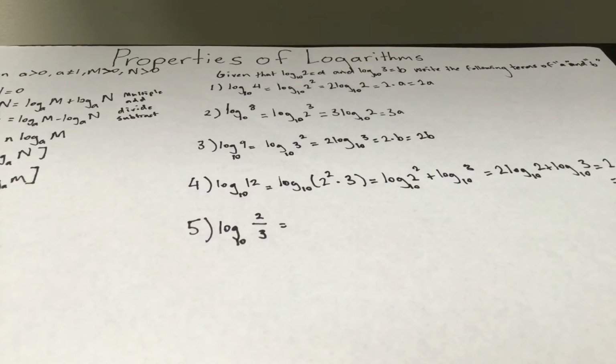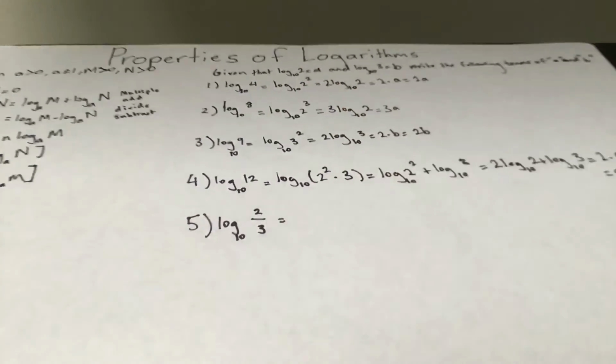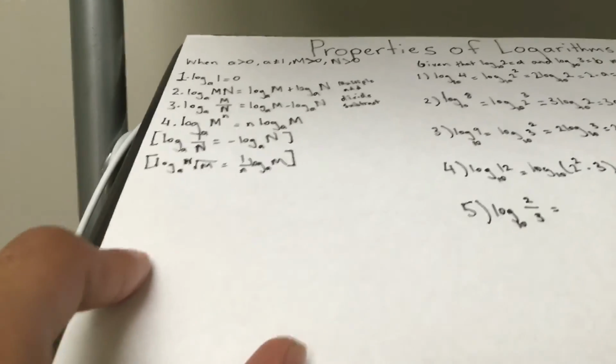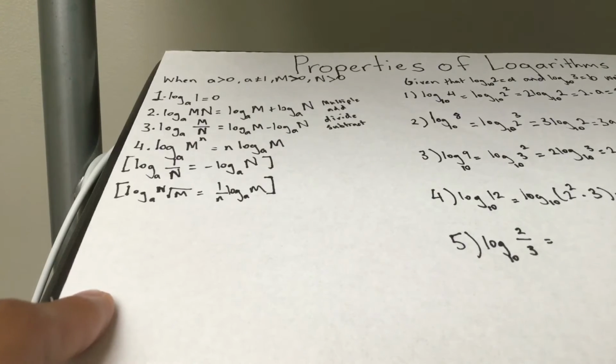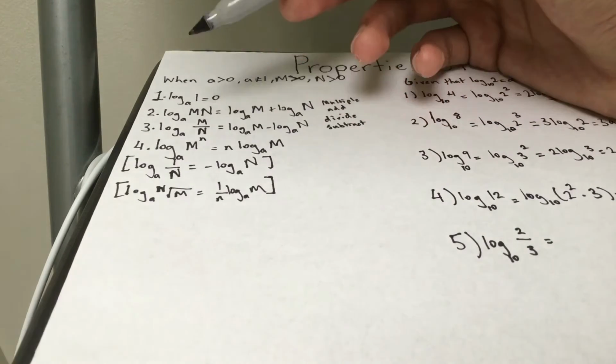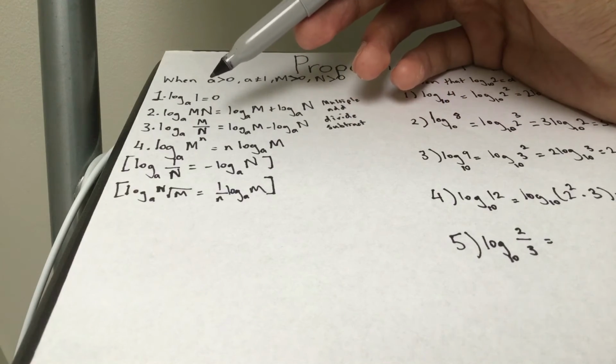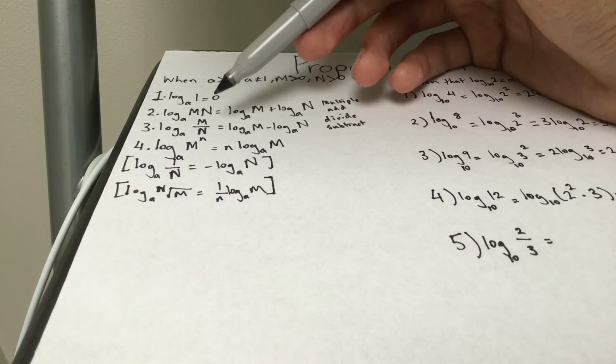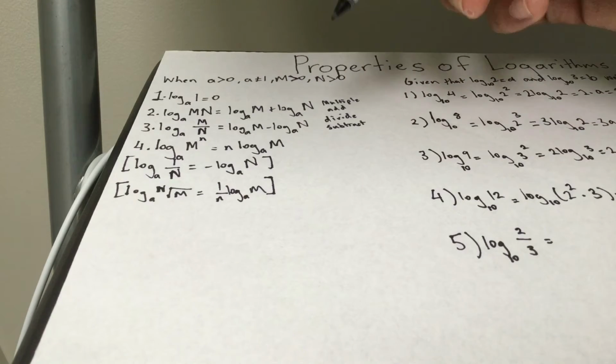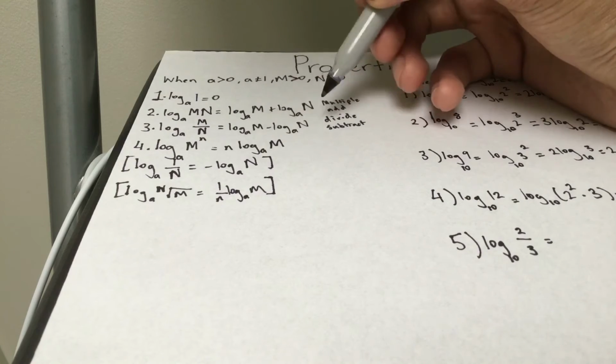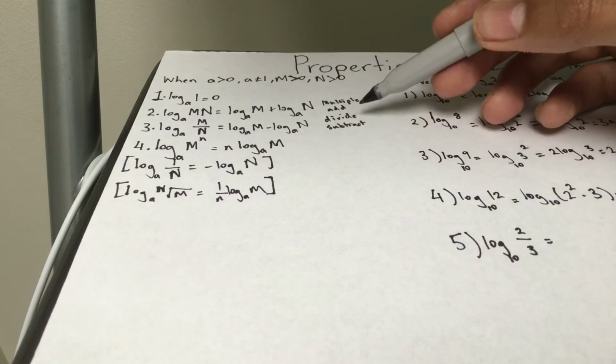Okay, cool. So now we're going to move on to a fraction. This time we look at our rule, rule 3 over here. When our value is being divided, we break it up, we put it into two groups, but this time we subtract. So when you divide, you subtract.